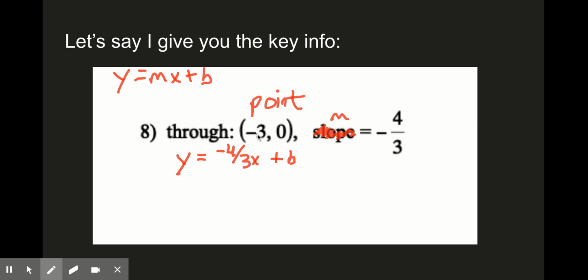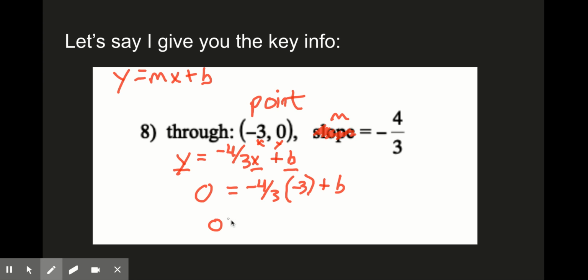Here's what I always try to remind people. You have three variables here. 1, 2, 3. It's pretty difficult to solve for three variables. Luckily, I have information here that I can use to replace two of those variables, x and y. 0 equals negative 4/3 times negative 3 plus b.